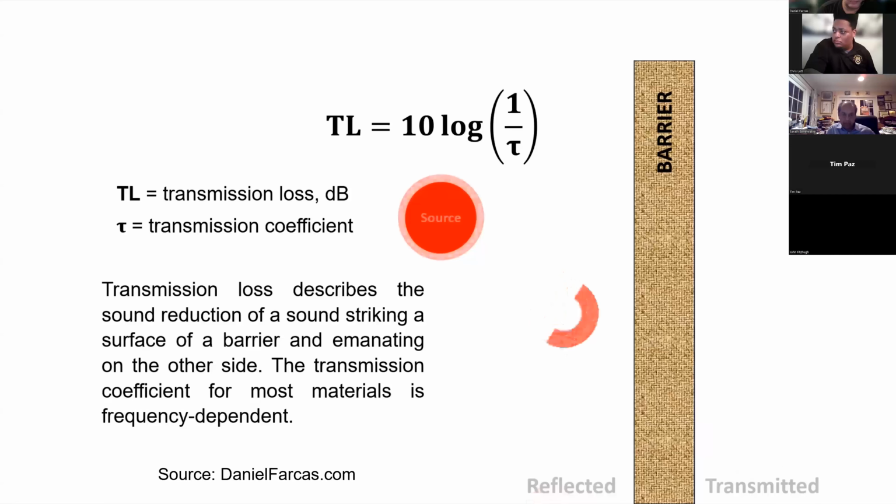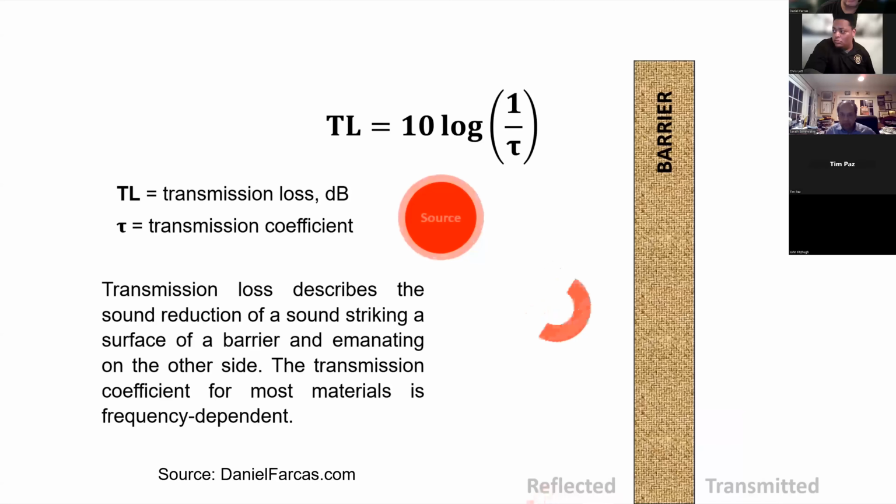Transmission loss describes the sound reduction of a sound striking a surface of a barrier and emanating on the other side. The transmission coefficient for most materials is frequency dependent. That means sound at different frequencies can be transmitted differently through the barrier.